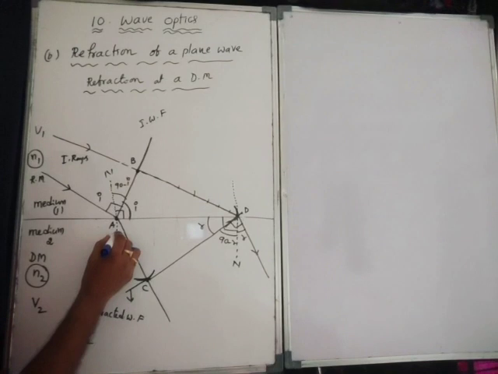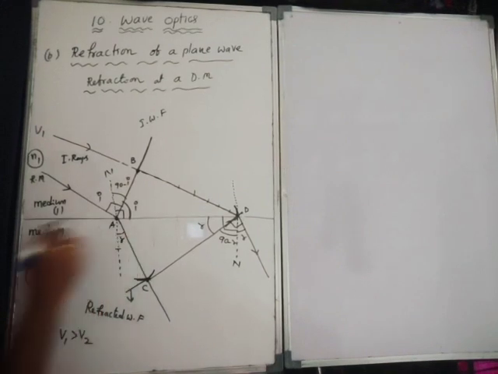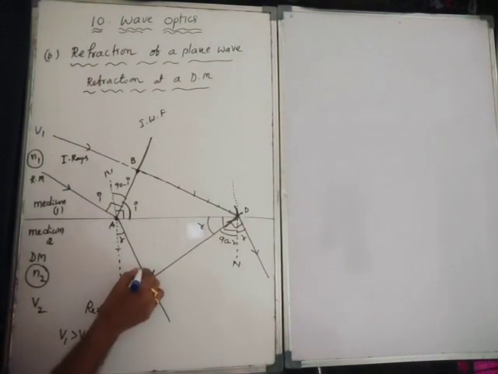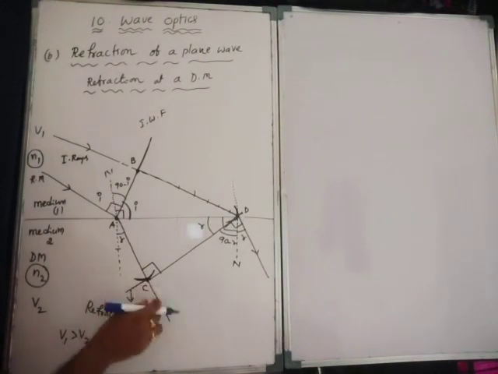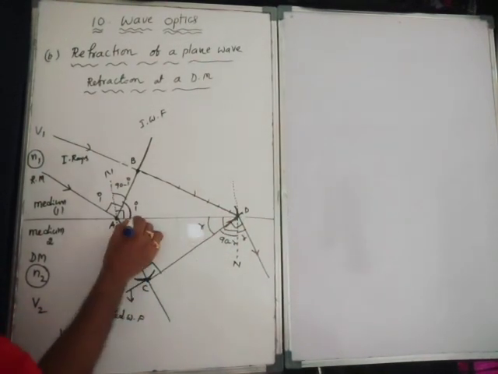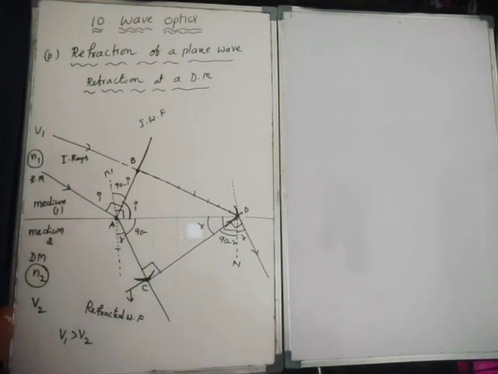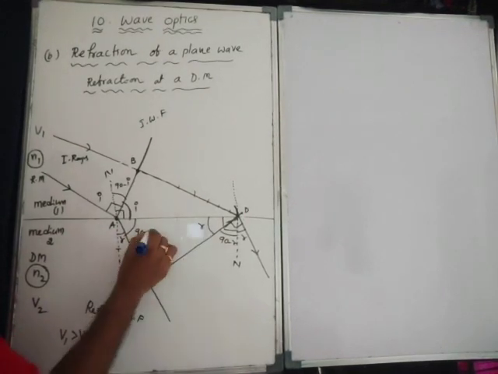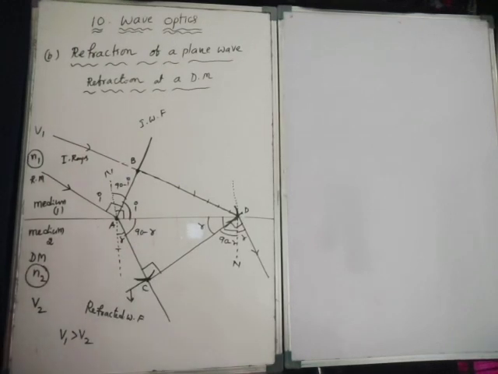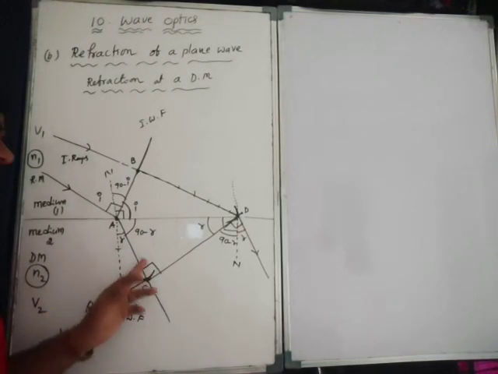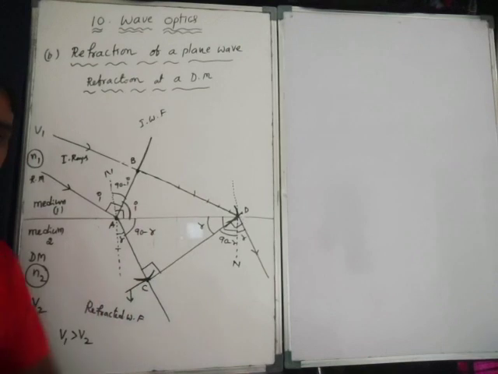Here this is the refracted ray, and this is the wavefront at 90. So this is 90 minus R, and this is R.